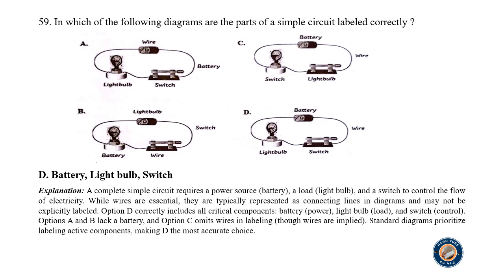So option D correctly includes all critical components: the battery, which is the power, the light bulb, which is the load, and the switch, which is the control. The rest, option A and B, lack a battery, and option C omits wires in labeling.